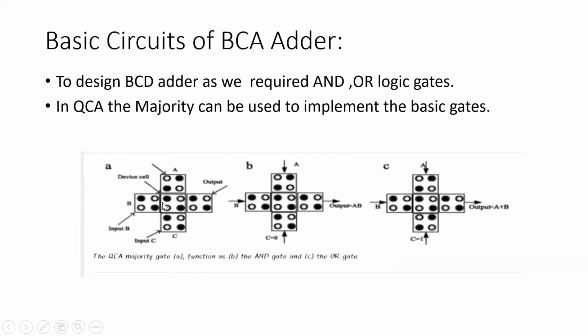As we have seen, it consists of 5 cells: 3 inputs, 1 middle cell and 1 output cell. Of the 3 inputs, 1 cell should be kept constant. If we keep this input cell constant at 0, it works as an AND gate. If we keep the constant C equal to 1 here, then it can be used as an OR gate. We can realize many gates by using majority gates in the implementation of the logic.